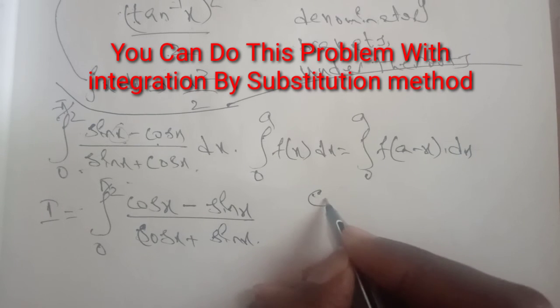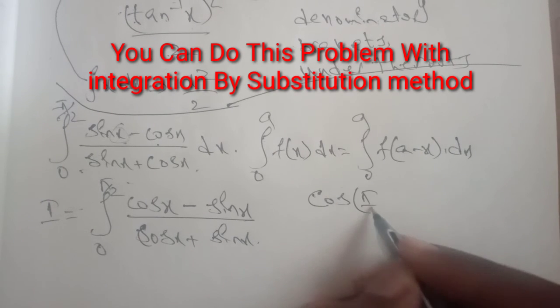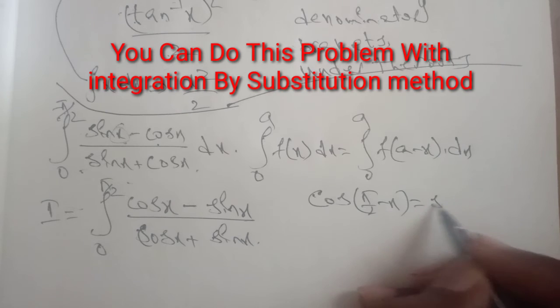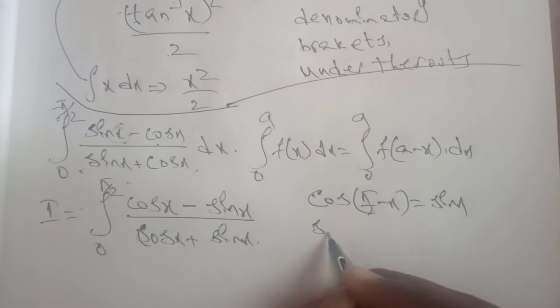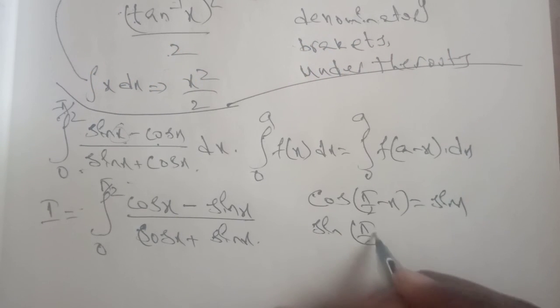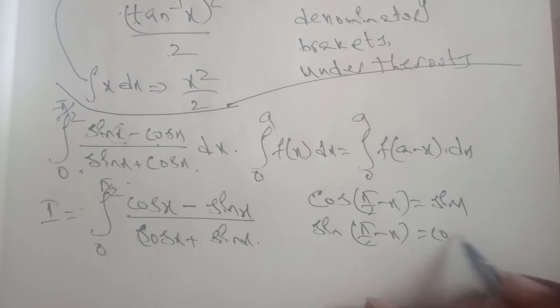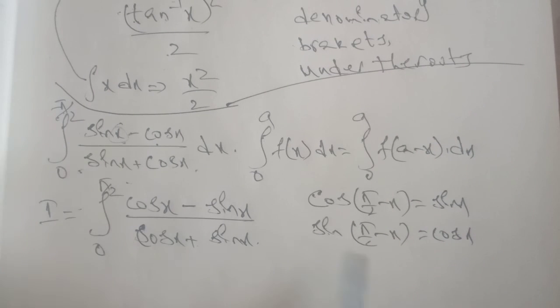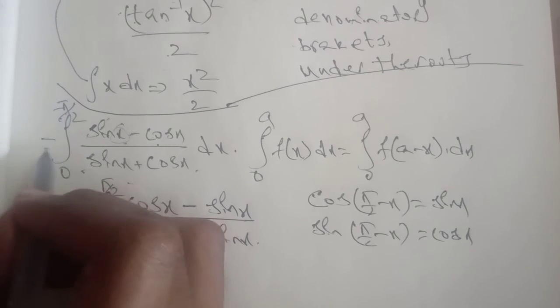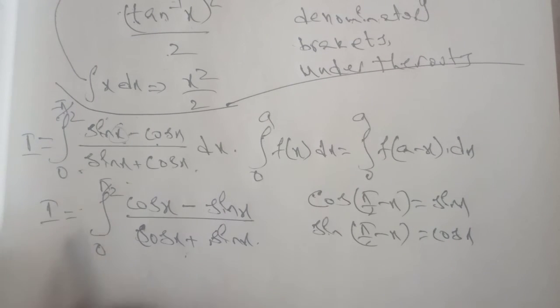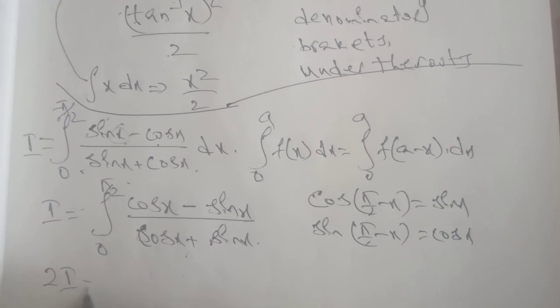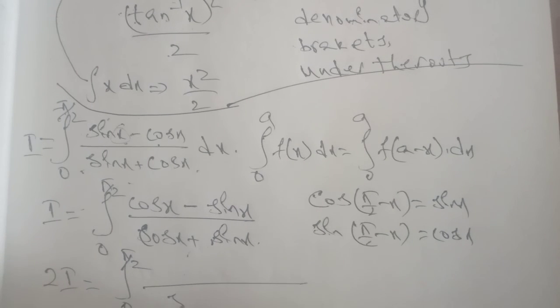Because cos of (pi by 2 minus x) equals sin x, and sin of (pi by 2 minus x) equals cos x. So here we got two terms, I plus I. This term is also I. If we add these two terms, it becomes integration 0 to pi by 2, with the numerator part sin x plus cos x.